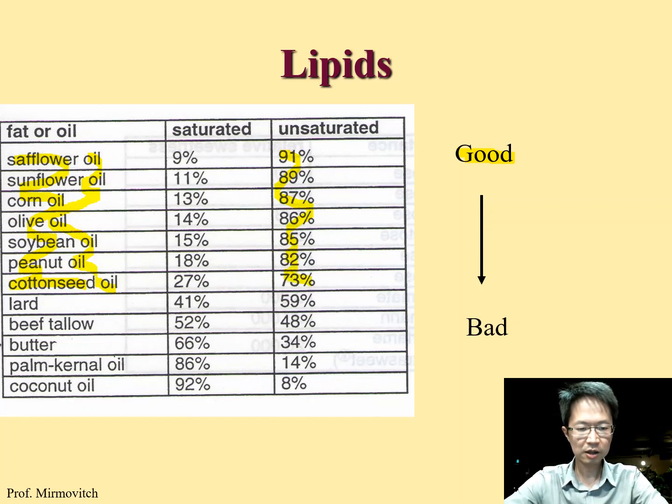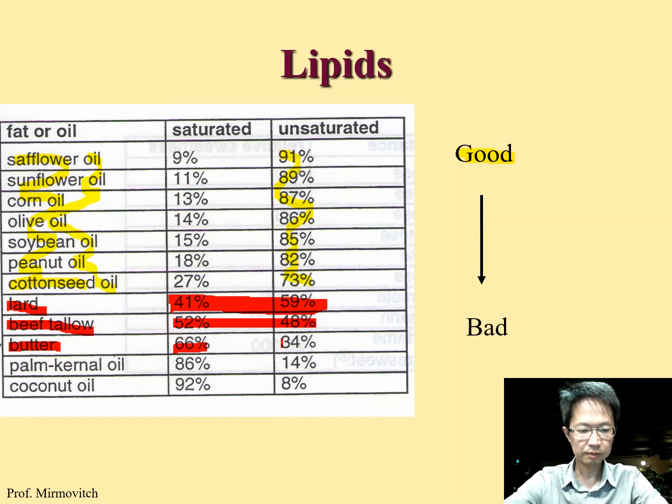Starting from lard, you can see that the percentage is about half and half, 60-40. And then beef tallow, 50-50. Butter is even worse, mostly saturated fat.